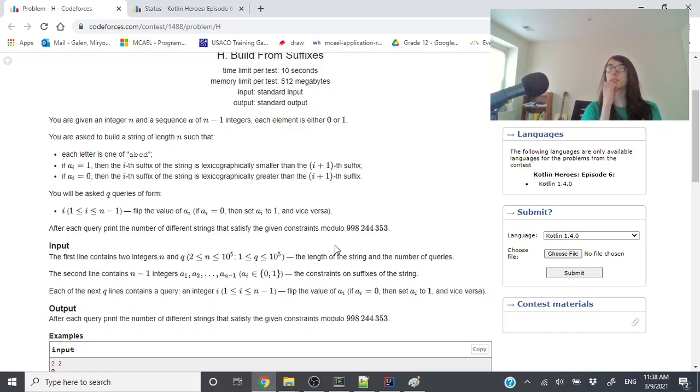I feel like we just don't. Maybe we just don't need the extra state at all.